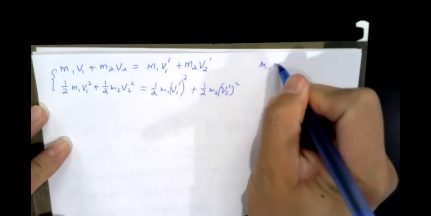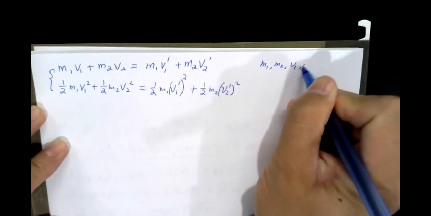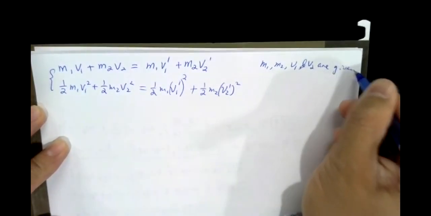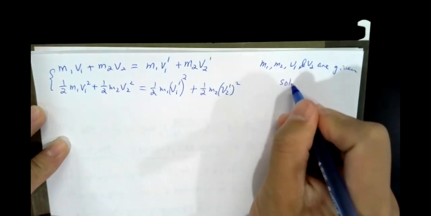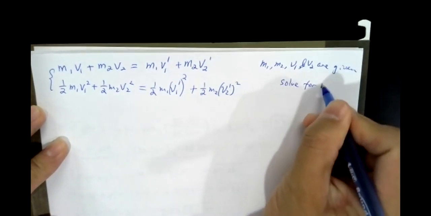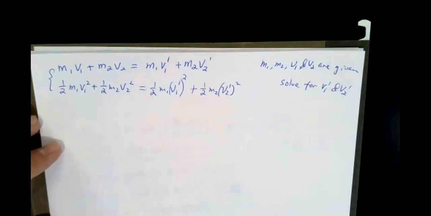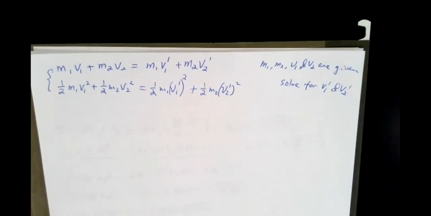If m1, m2, v1, and v2 are given, then you can solve for v1 prime and v2 prime, because you have two equations and two unknowns.